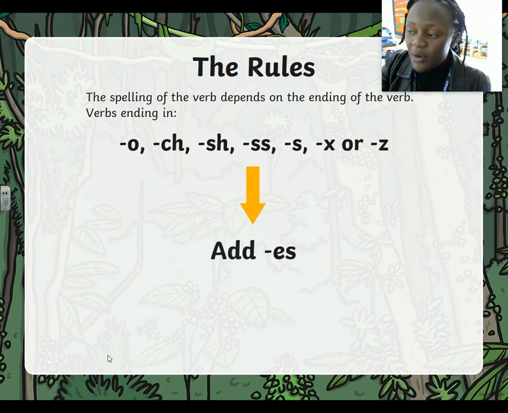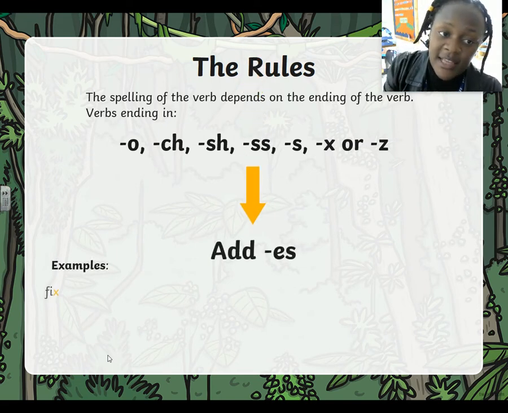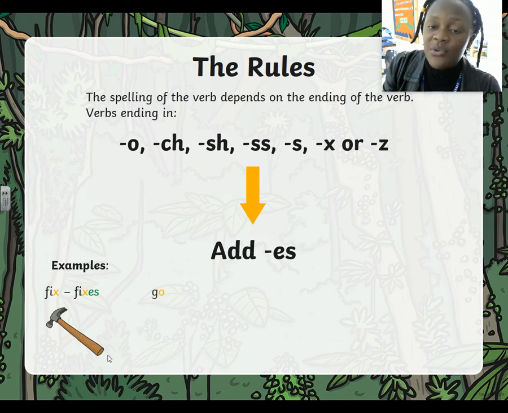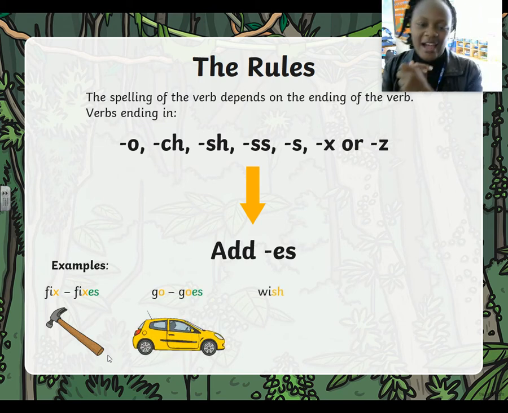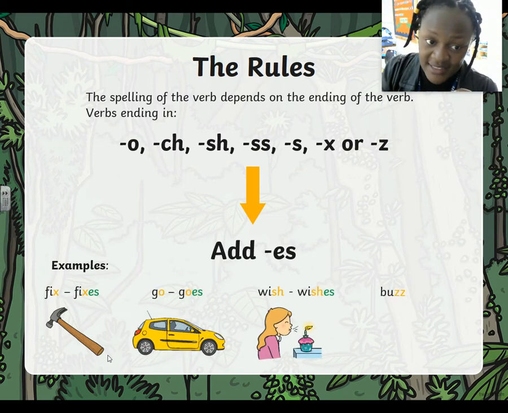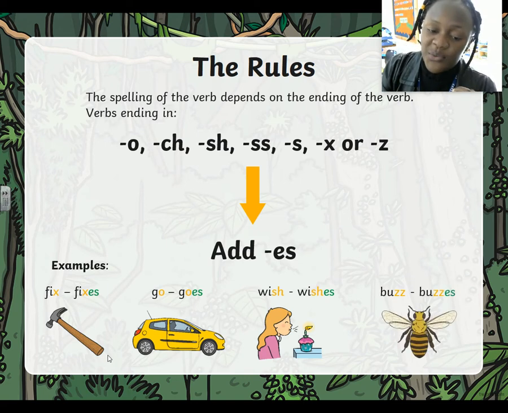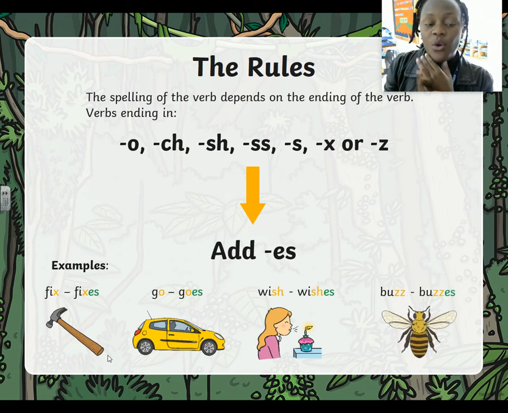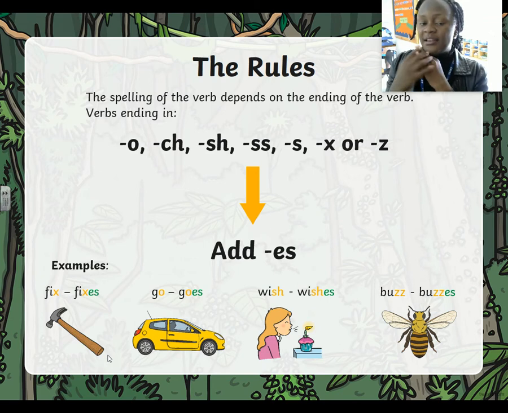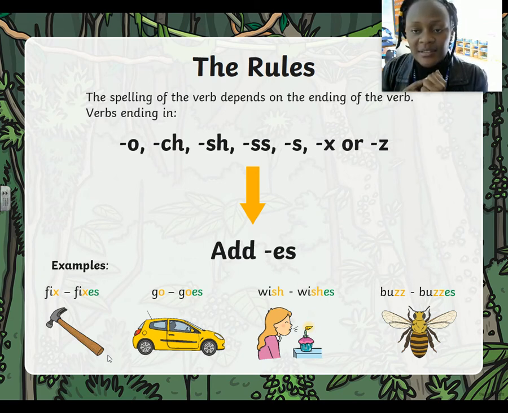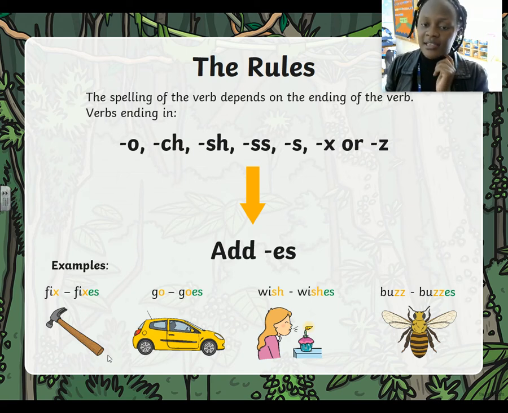Now, remember what we said yesterday, that some words you're definitely going to have to add es. Those words will be ending with o, ch, sh, s, x, or z.